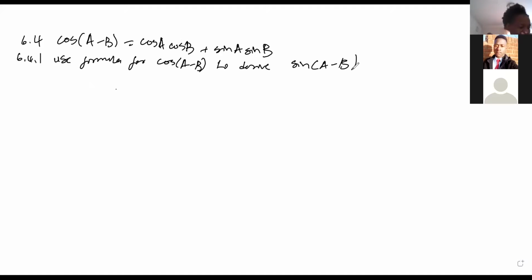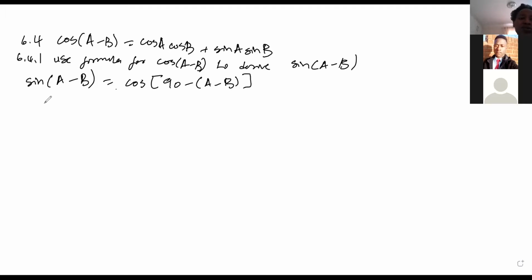Okay, so we know that sine(A minus B) is the same as cos(90 minus (A minus B)). Remember from the cofunctions.